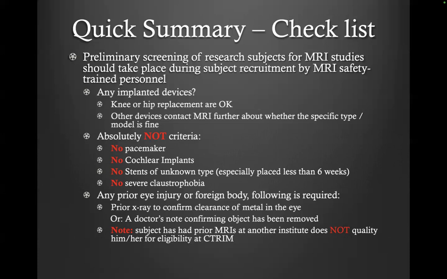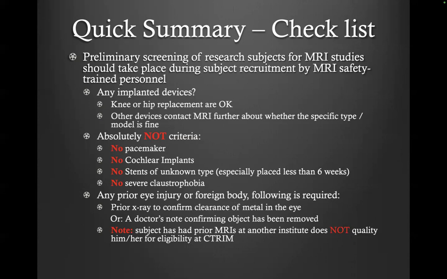And then the absolutely-not criteria include: no pacemakers, no cochlear implants, no stents of unknown type. If it's a known type, or if it was placed more than 6 weeks ago, check with us. And also no severe claustrophobia. That's not really a safety issue, but it could cause problems.